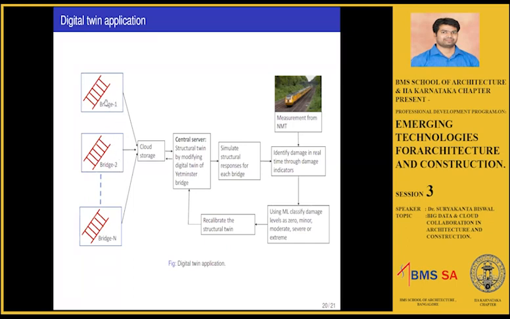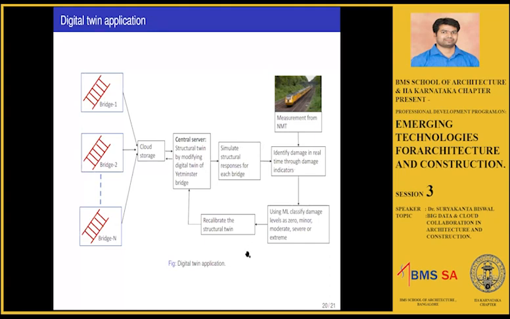We have the full measurement, meaning global, local, everything, on bridge 1, but we have only the global measurement on bridge 2 to bridge N. So the structure twin of bridge 1 will then be modified so that its responses match the global responses we measured from bridge 2 to bridge N. This is done in the center server. For each model, we'll simulate the structure for each response, then identify damage.